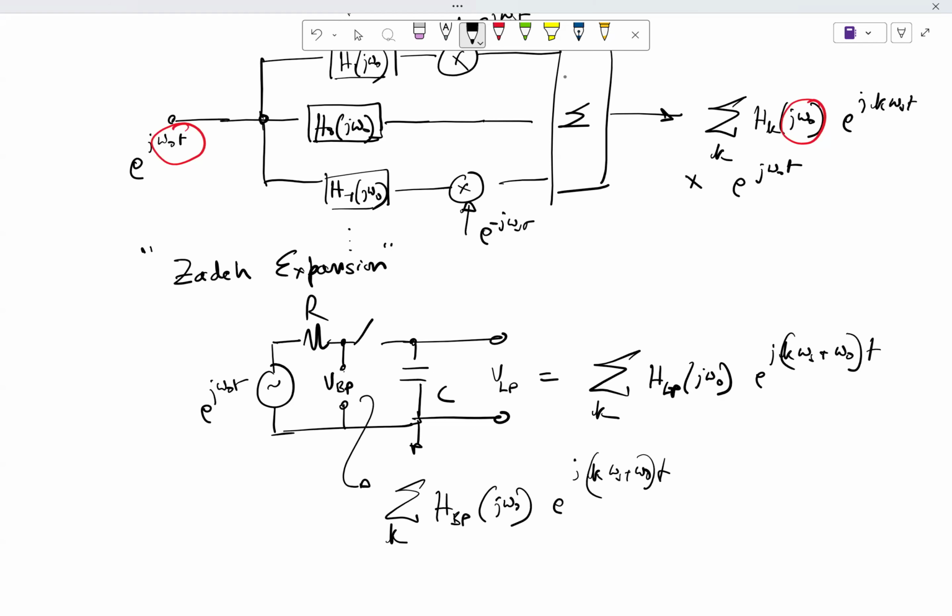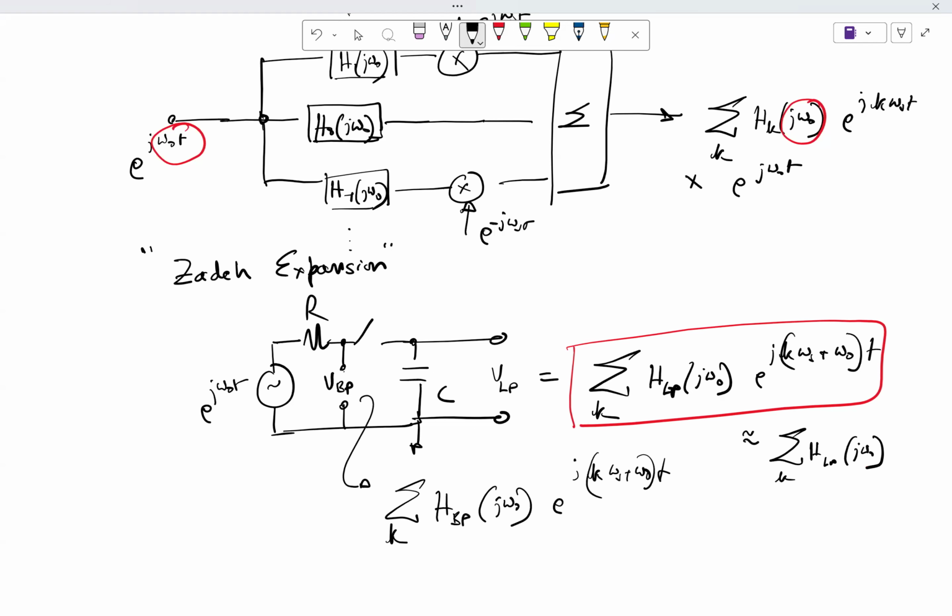So using those perspectives, we essentially could figure out that this effectively reduces to summation over k of H_LP(j omega naught) times e to the power j(k omega s plus omega naught) times t_on.